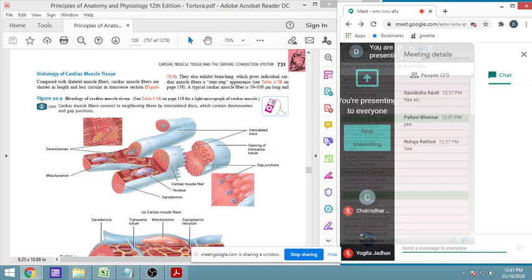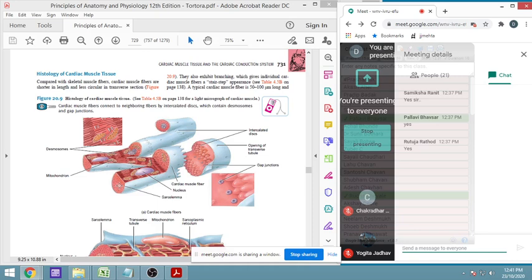Whenever an impulse comes to this first cell, it will automatically go to this cell and this cell, because it is connected with the two cells. This is how impulses are transferred from one cell to another.